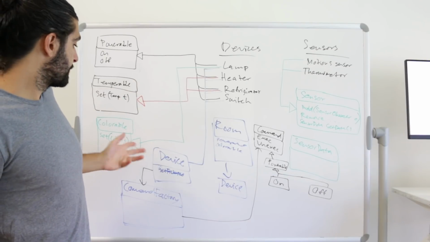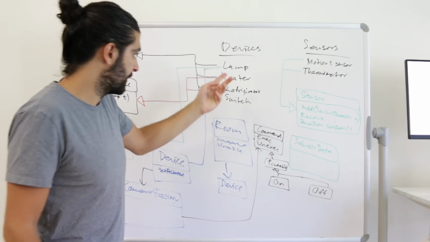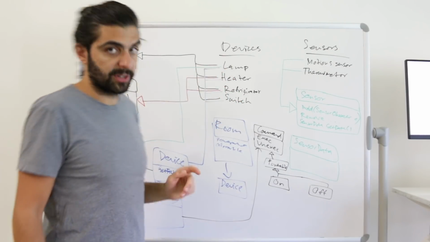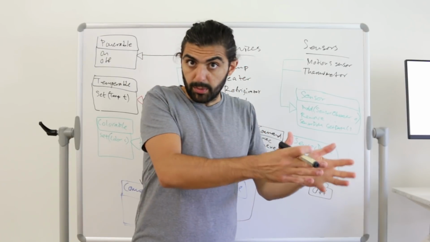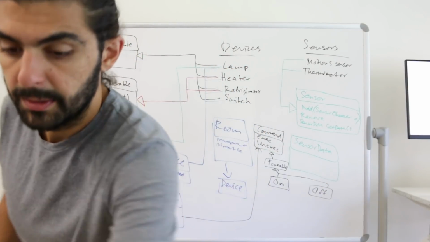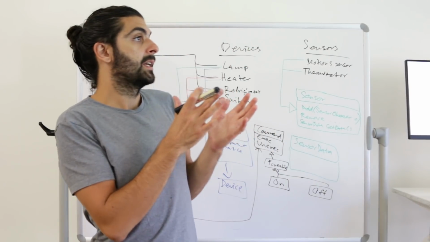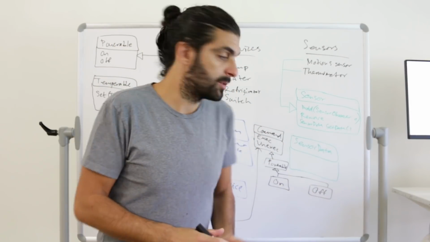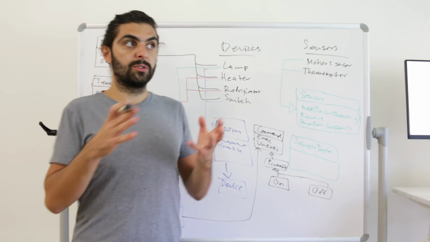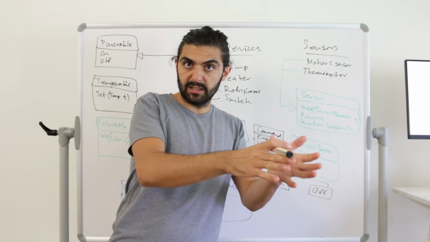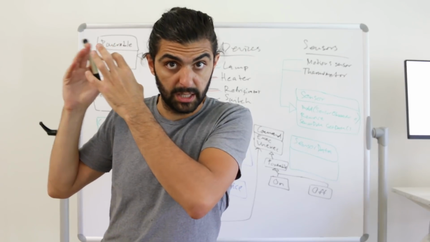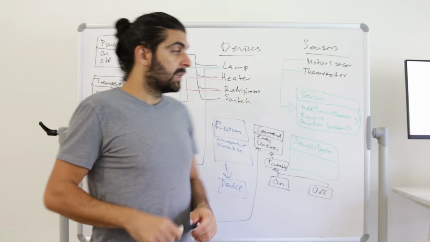So the refrigerator, or sorry, let's say the lamp, for example, is both colorable and powerable. If it's both, then we need to be able to get two factories: the factory that produces colorable commands, and the factory that produces powerable commands.